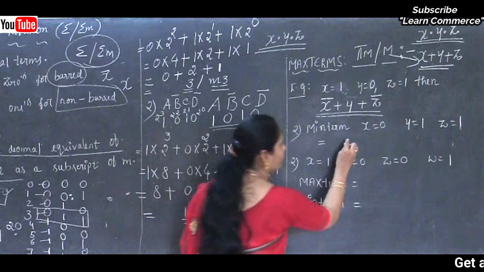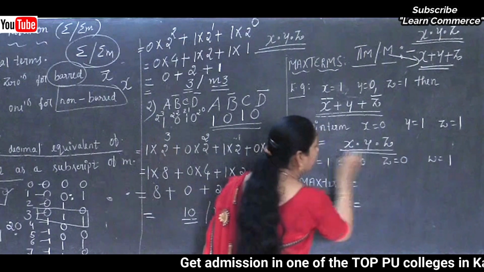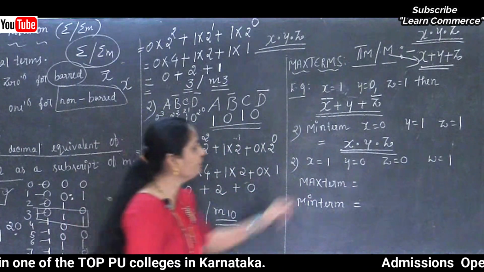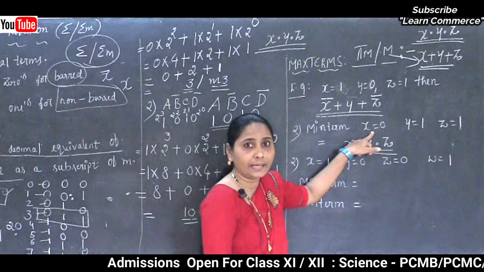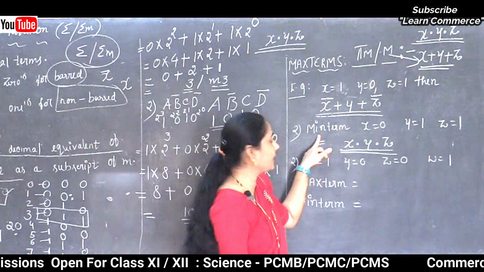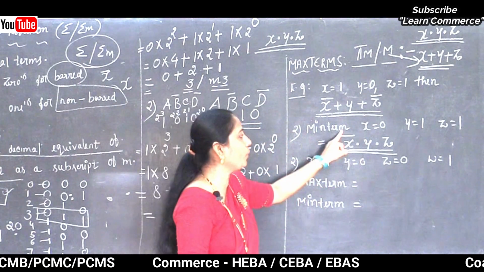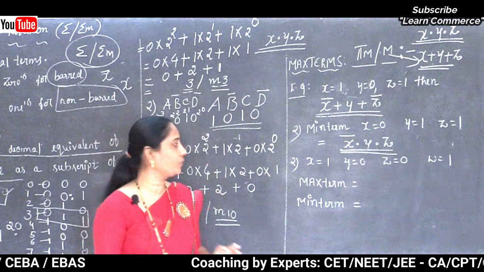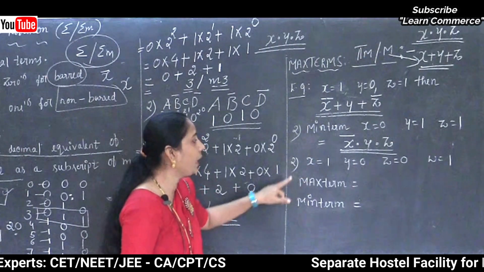So how are we going to use x and y and z? For the variable with value 0, we take its complement, that is in our Minterm. So like that we take complement of x and y and z. So this is the answer of the Minterm. Is this point clear?